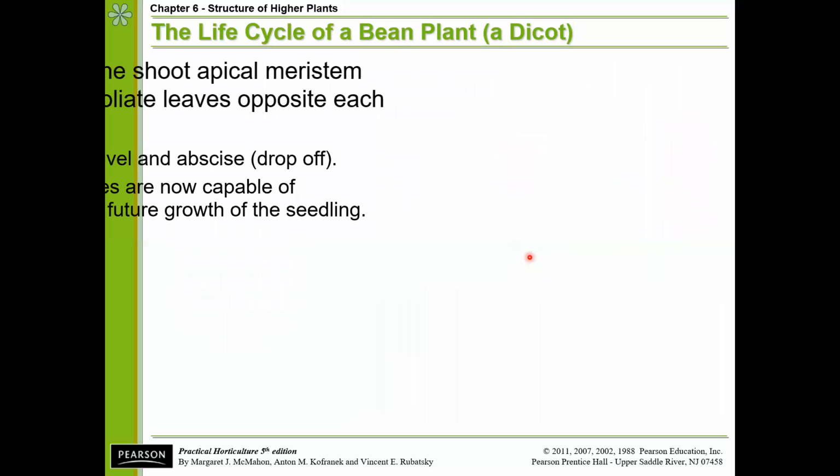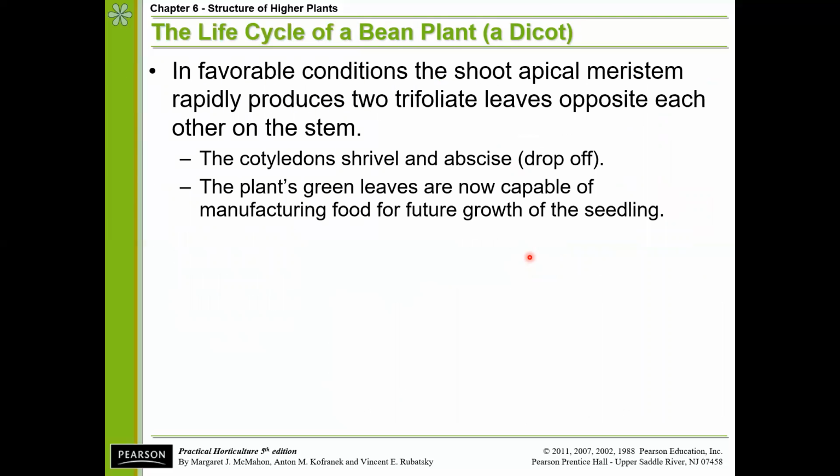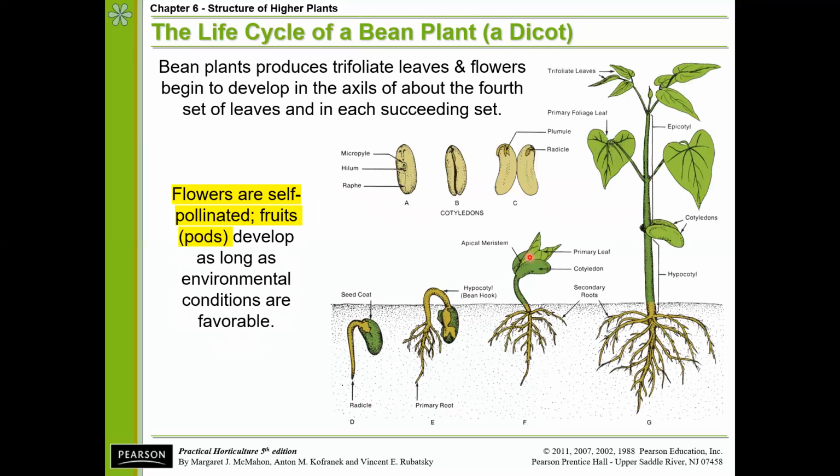Once everything is right, if we have favorable conditions, then cotyledons fall off and the plants grow and produce and photosynthesize and grow more leaves and continue to grow upward until they become sexually active. Beans are different than the grains in that they are self-pollinated, and they are perfect flowers.